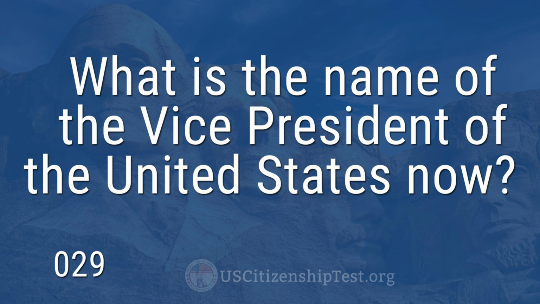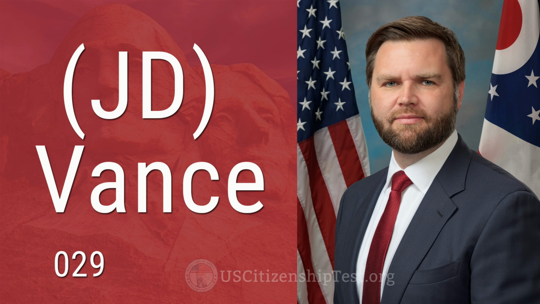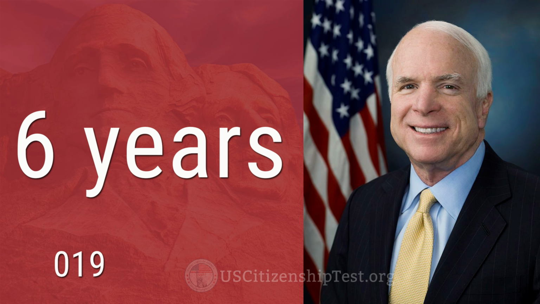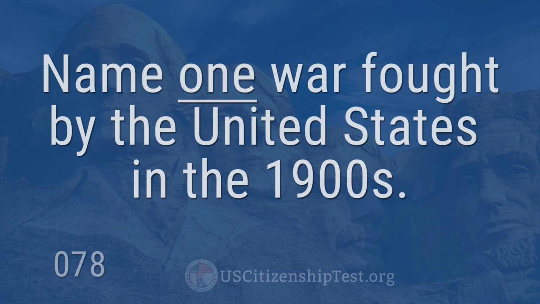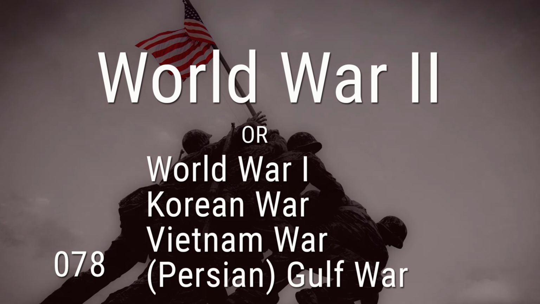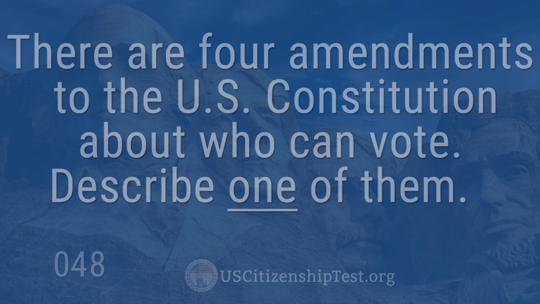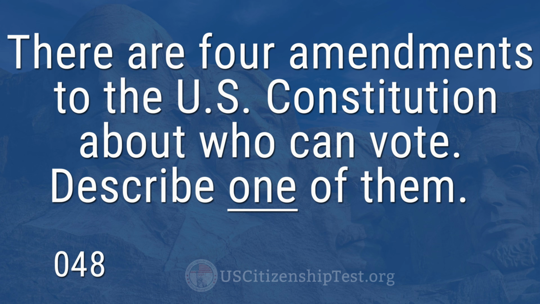What is the name of the Vice President of the United States now? J.D. Vance. We elect a U.S. Senator for how many years? 6. Name one war fought by the United States in the 1900s. World War II. There are 4 amendments to the Constitution about who can vote.